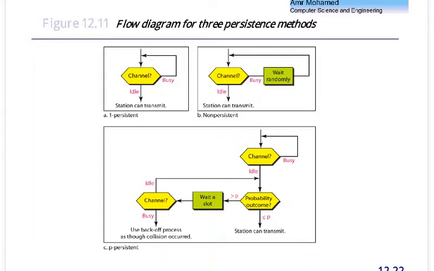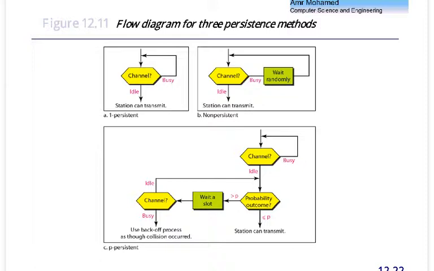This is the one-persistent, where a node senses the channel continuously, using a very short duration, until it finds that the channel is idle. Then it accesses the channel with a probability of 1, right away, immediately, without waiting for anything.